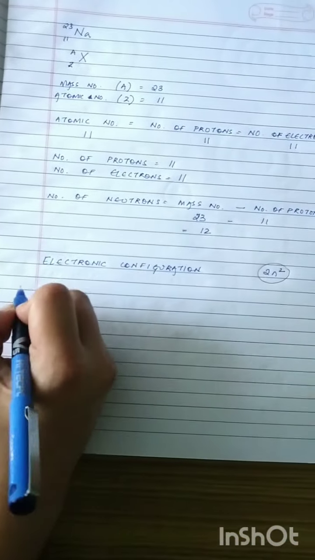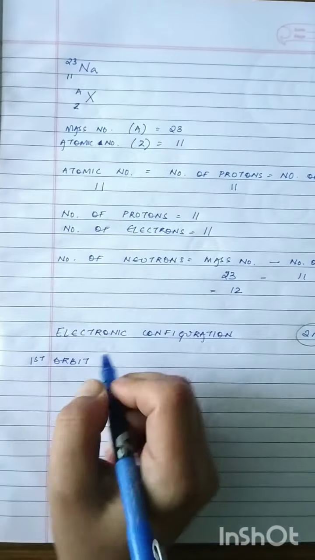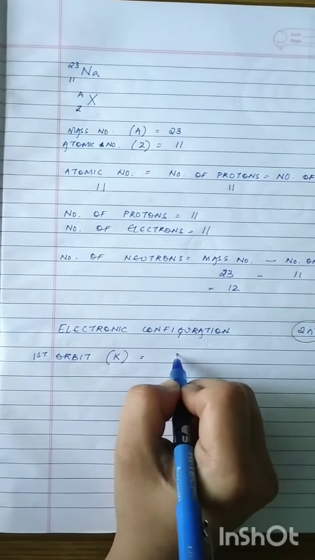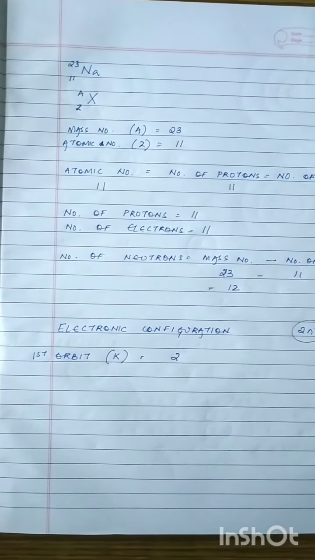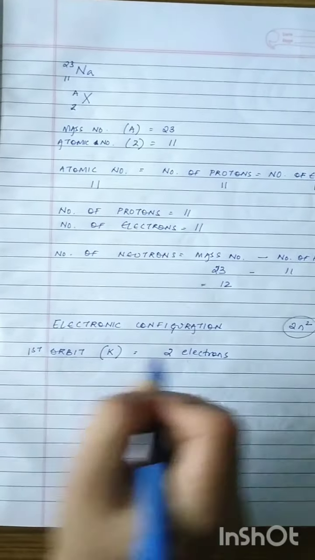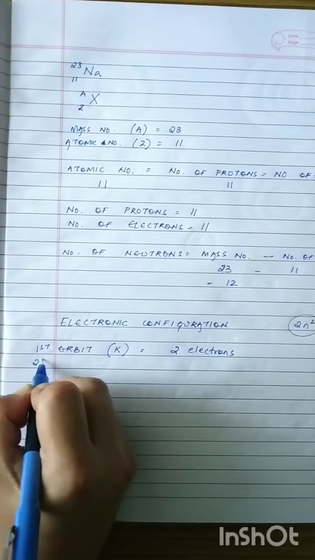Okay, so first orbit, which is also known as the K orbit, will always have a maximum of 2 electrons. So the first orbit can hold how many electrons? Only 2 electrons.